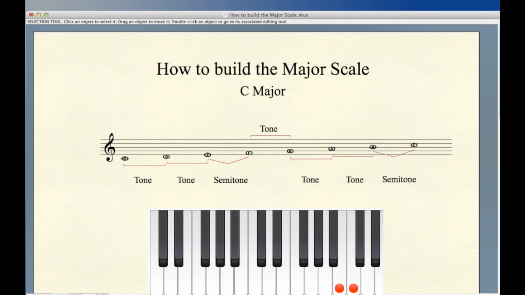Whatever note you start with, if you want to build a major scale on top of that, you just use this interval pattern and you'll come out with that major scale. Tone, tone, semitone, tone in the middle, tone, tone, semitone. And that's basically how you build a major scale.